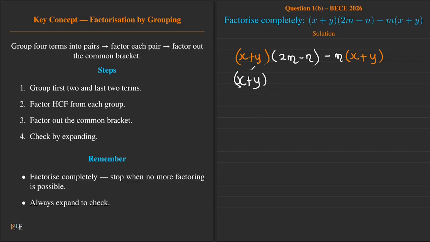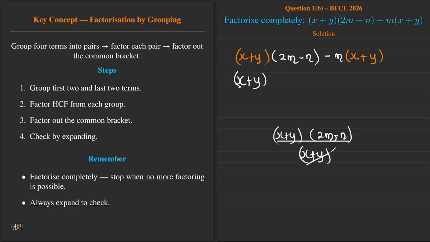Now, if we factorize it out, then we are asking ourselves, x plus y times what gives us all of this? One simple way you can do it is by taking the 2m minus n and dividing it by x plus y.